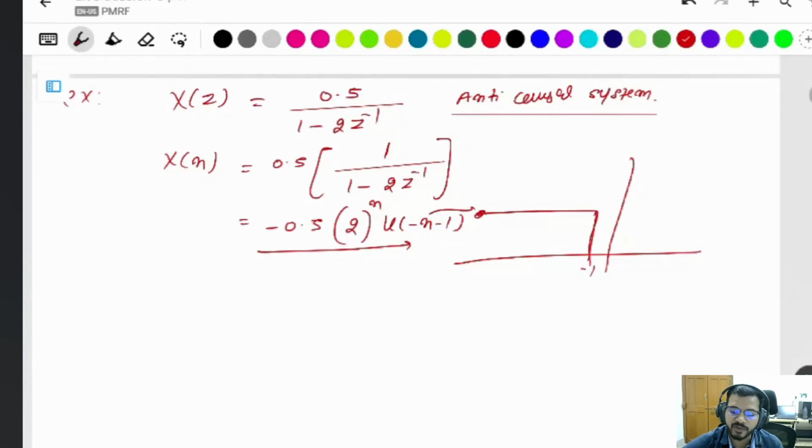The initial value can be found only in a causal system, which starts from 0 and goes to infinity. We can put n equal to 0 and find the initial value of a causal system. But in an anti-causal system, we can't put n equal to 0 because the signal is not present at n equal to 0. That's all.